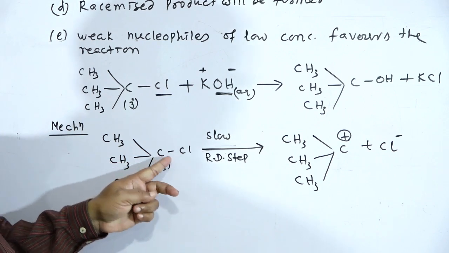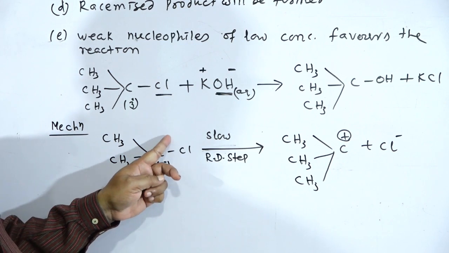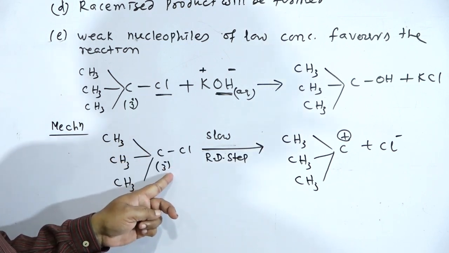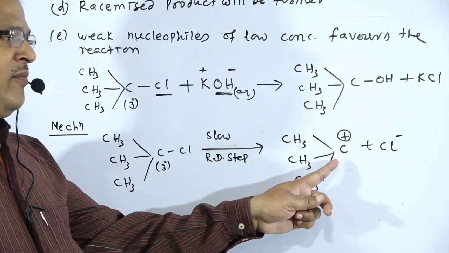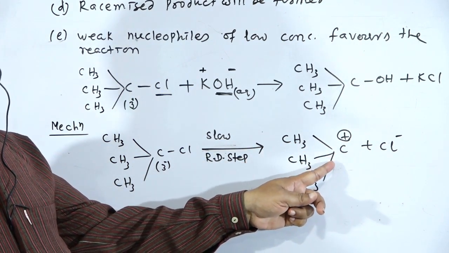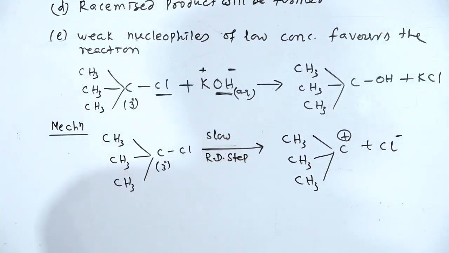So electronic repulsion takes place between the carbon atom that becomes negative and the chlorine atom negative, and this bond breaks heterolytically with the formation of carbocation. The formation of carbocation is the slow and rate determining step.